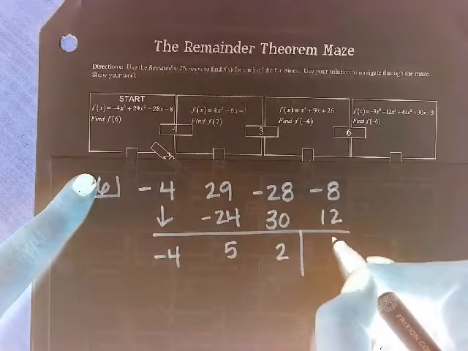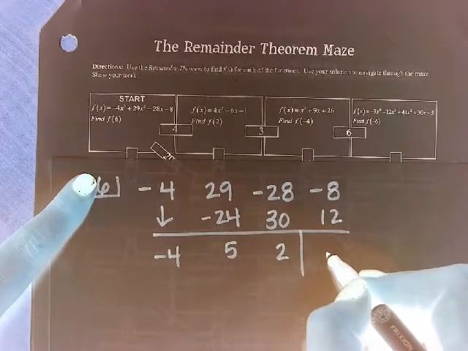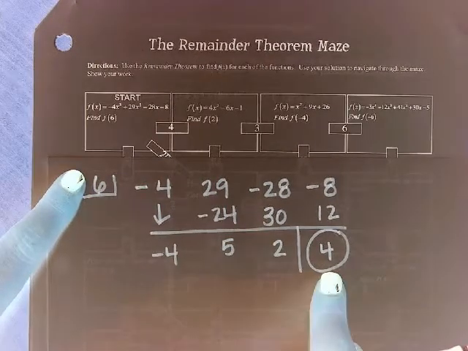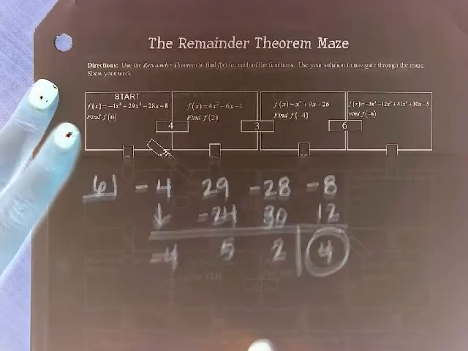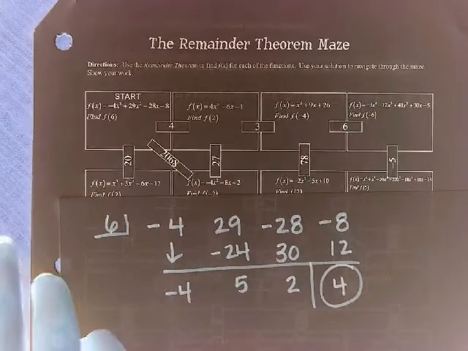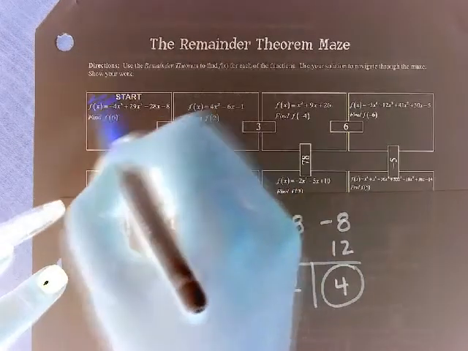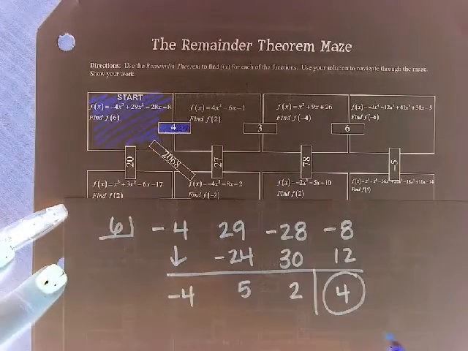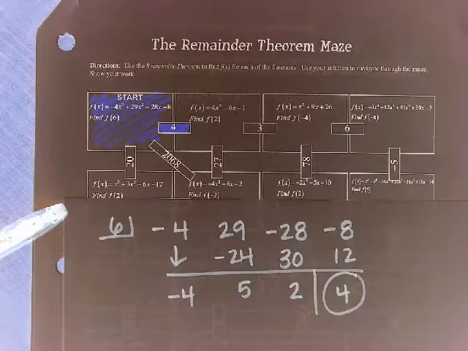Negative 8 plus 12 is 4. So if I plug in 6, I get 4. And that means that when I start my maze, I'm going this way.